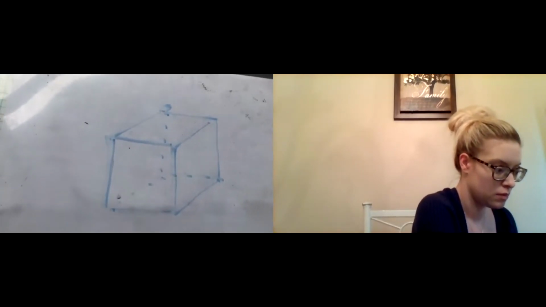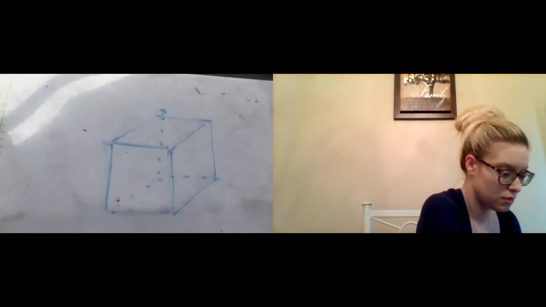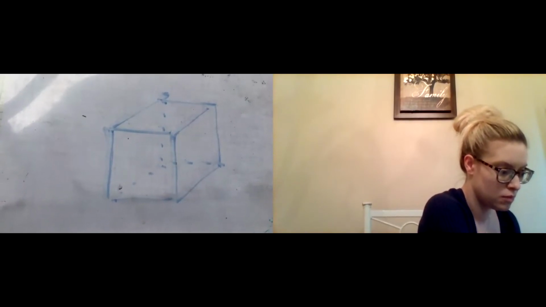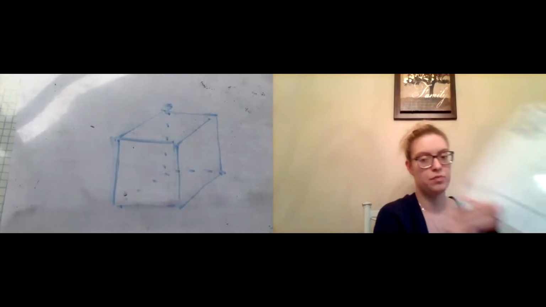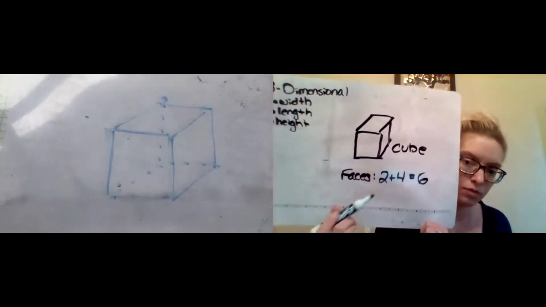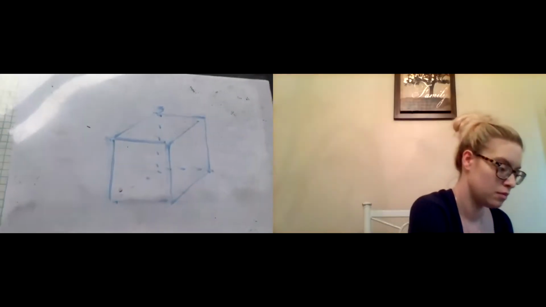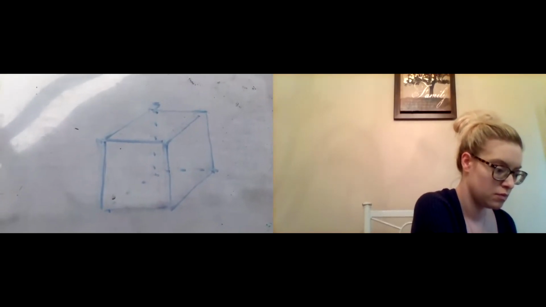So those count as 2 of the faces. And then a cube is when all of the faces are squares, and a square is a quadrilateral with 4 sides. So we have 2 plus 4 for a total of 6. So we still fall in that pattern for prisms. You take 2 and then add the number of sides that the bases have.